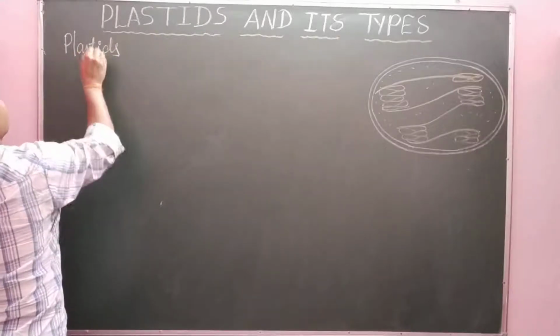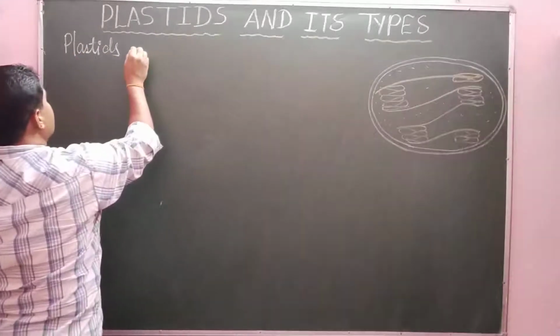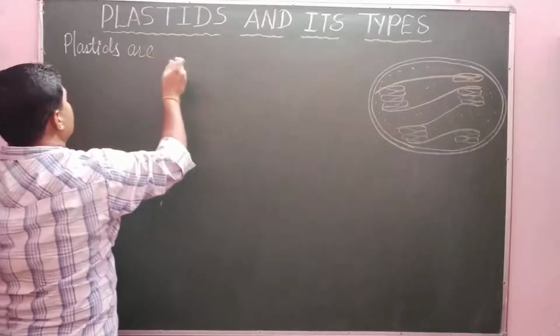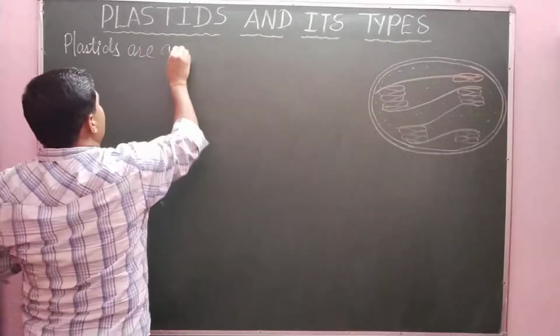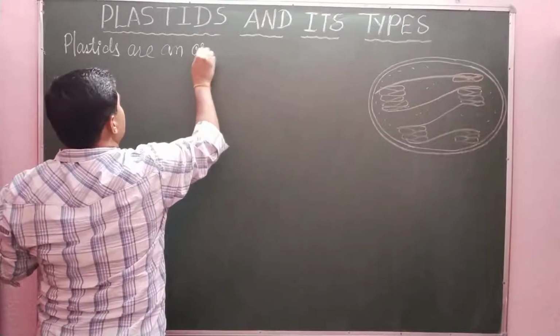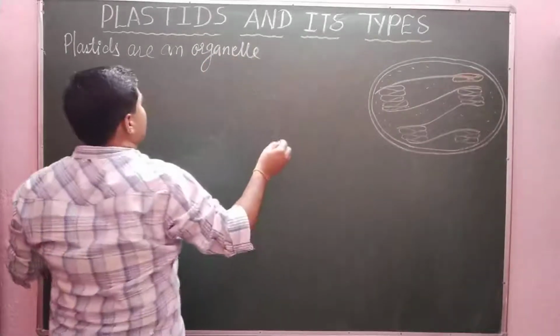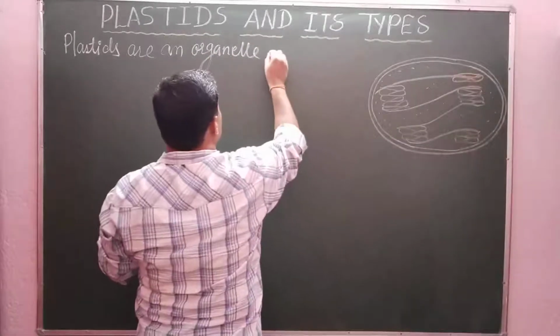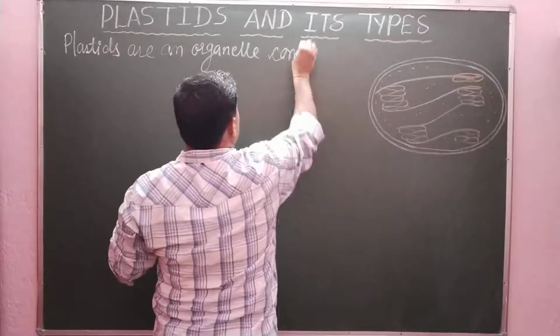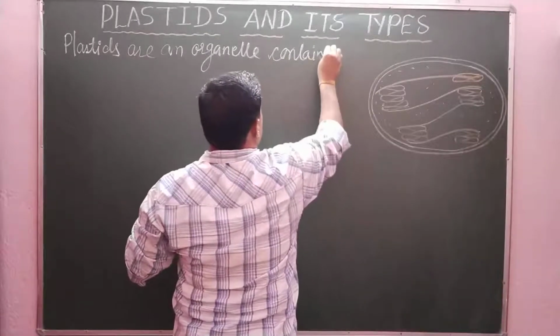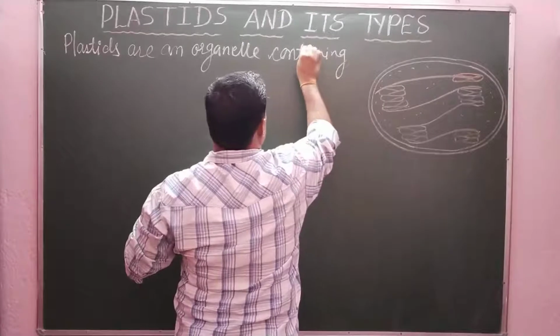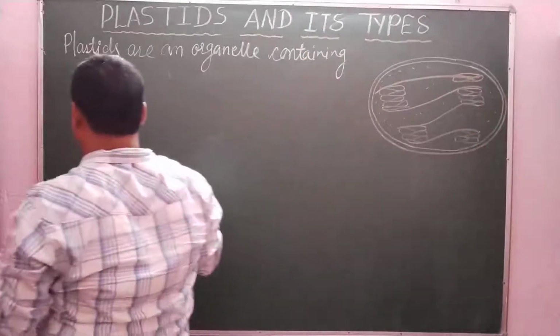Plastid, an organelle containing pigments.